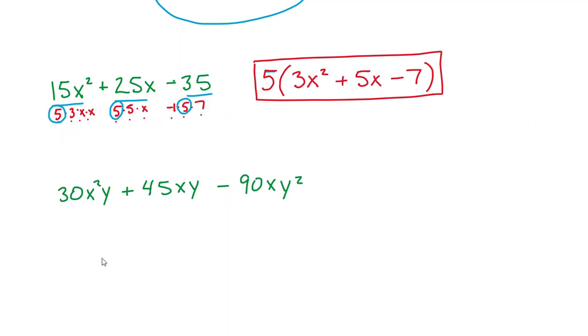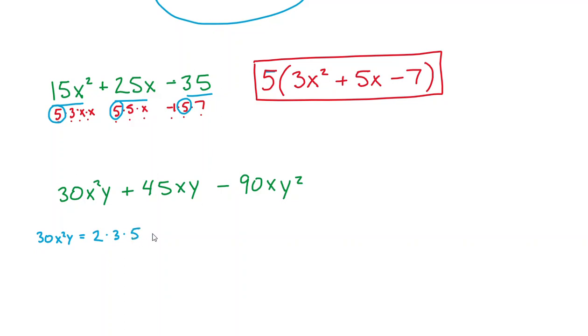We're going to do the same process here with 30x squared y plus 45xy minus 90xy squared. I'm not going to have room to write the prime factors underneath, so I'm going to write them out like this. 30x squared y: 30 is 2 times 15, which is 3 times 5.